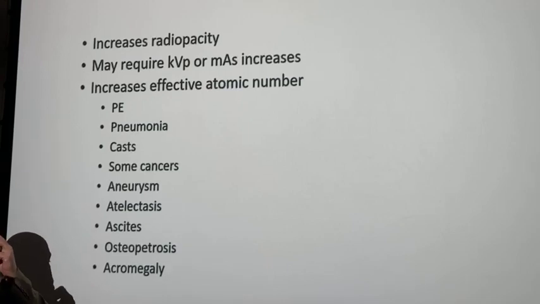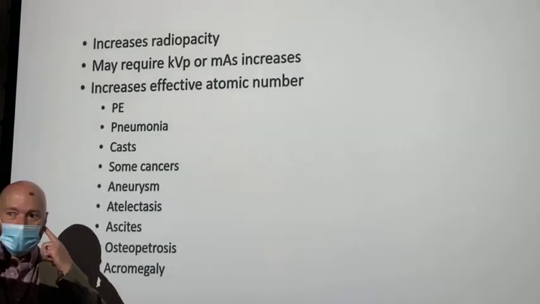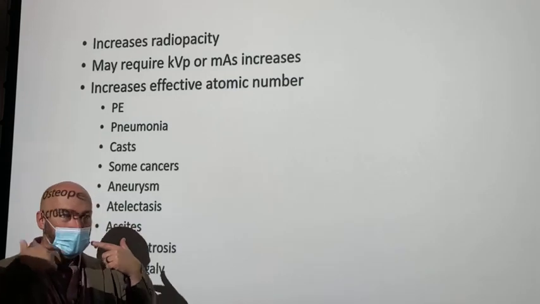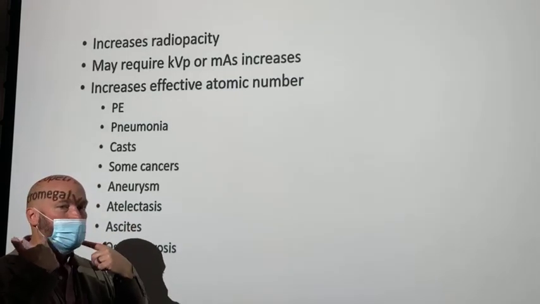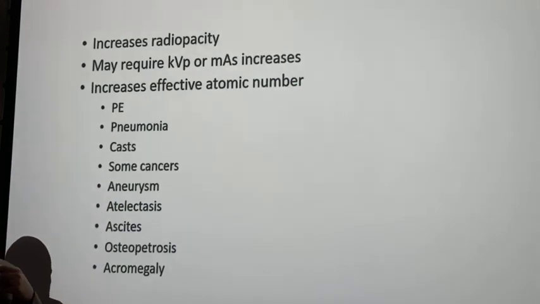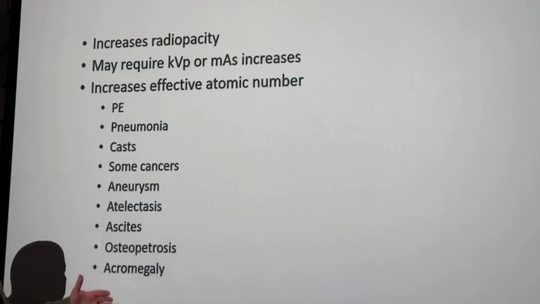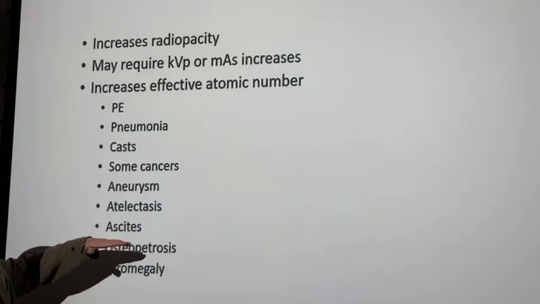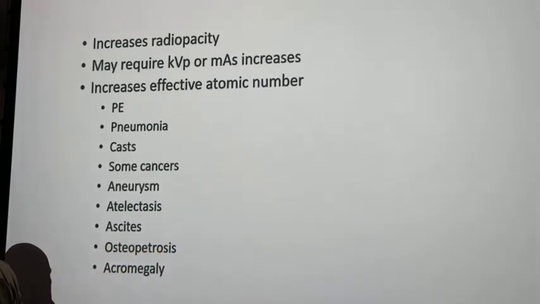So the jaw, because your primary centers are going to be anywhere along the ramus and the body of the mandible, you'll still get that underbite, but you just won't get the size. Fingers will get fat, arms will get fatter. You get an increase in bone tissue, like osteoporosis, or osteopetrosis rather, and you would need to increase your KVP.